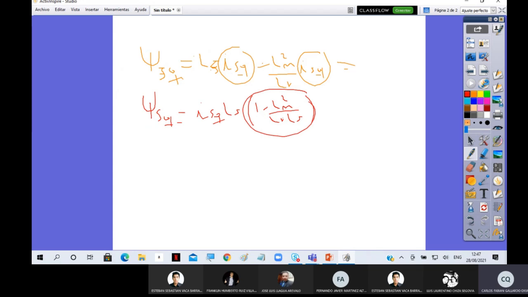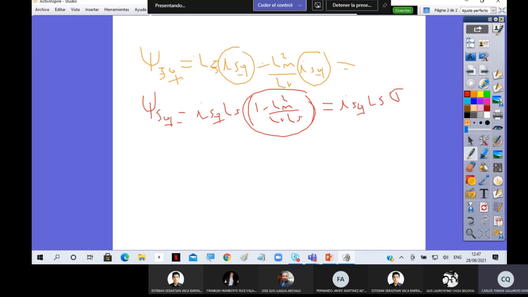Do you remember this term? This is the leakage factor, or leakage coefficient. So I get the stator current on Q-axis times the stator inductance times the leakage coefficient.